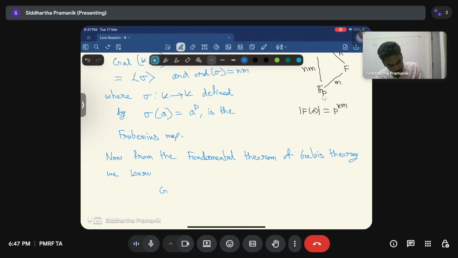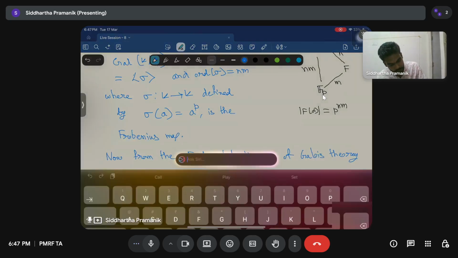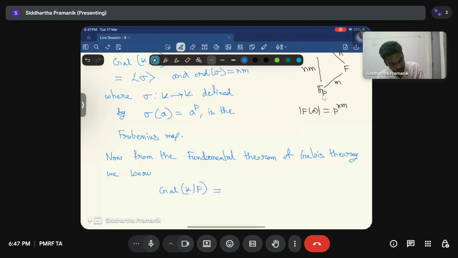So the Galois group of K over F is basically the Galois group of K over Fp quotient by the Galois group of F over Fp. These are isomorphic.